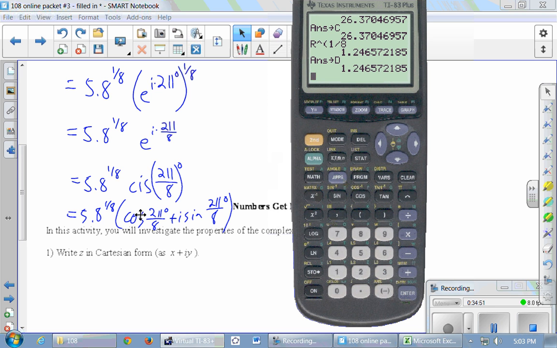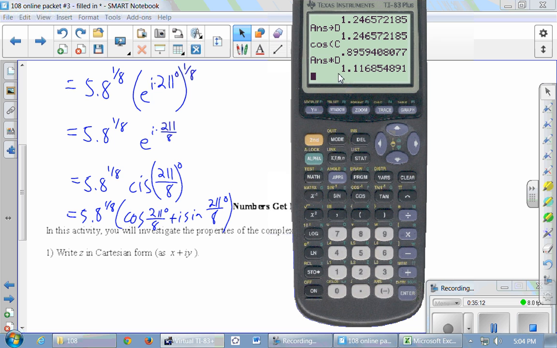Then we need cosine of the angle and i sine of the angle. Cosine of the angle, which we called C, that was this 26 business. So cosine of C is that thing, and then we multiply it by the 5.8, which we called D. We've got that number, and that's the first part.